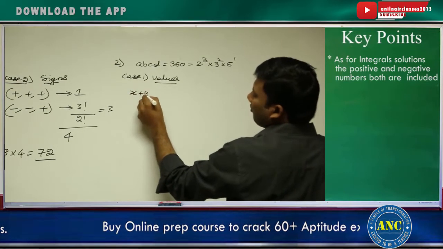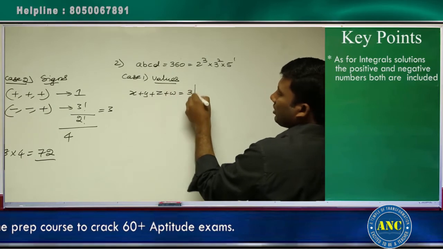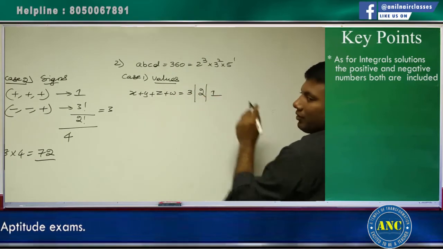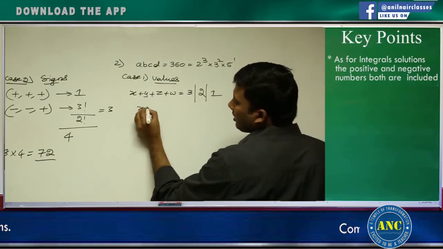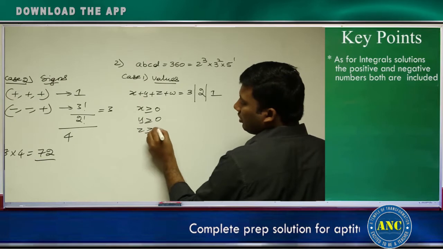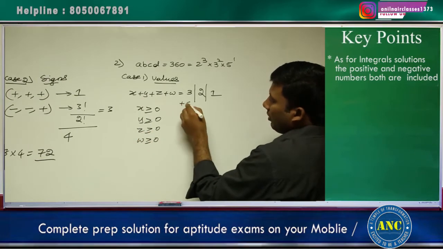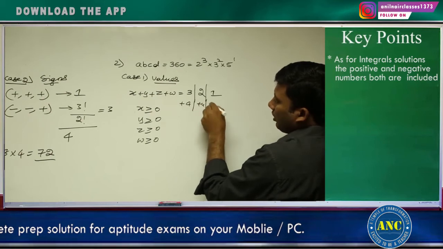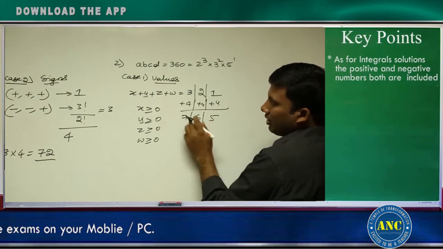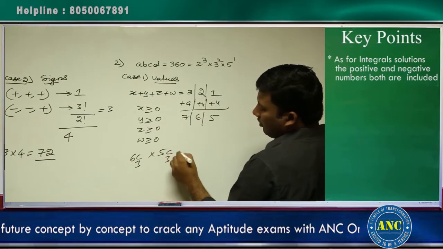If the powers of A, B, C, D are x, y, z, w, x plus y plus z plus w is either 3, 2, or 1. So x greater than or equal to 0, y 0, z 0, w 0. Total it will be plus 4, plus 4, plus 4. It will be 7 or 6 or 5. 7 will be 6C3, 5C3, 4C3.